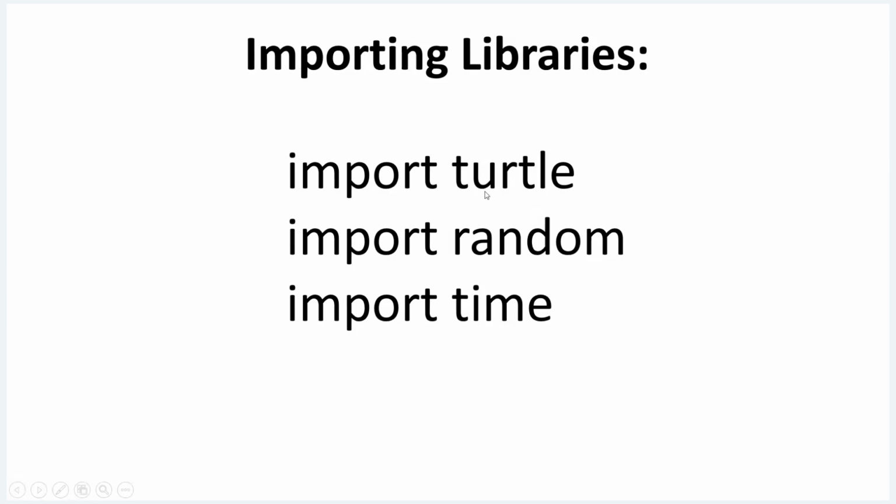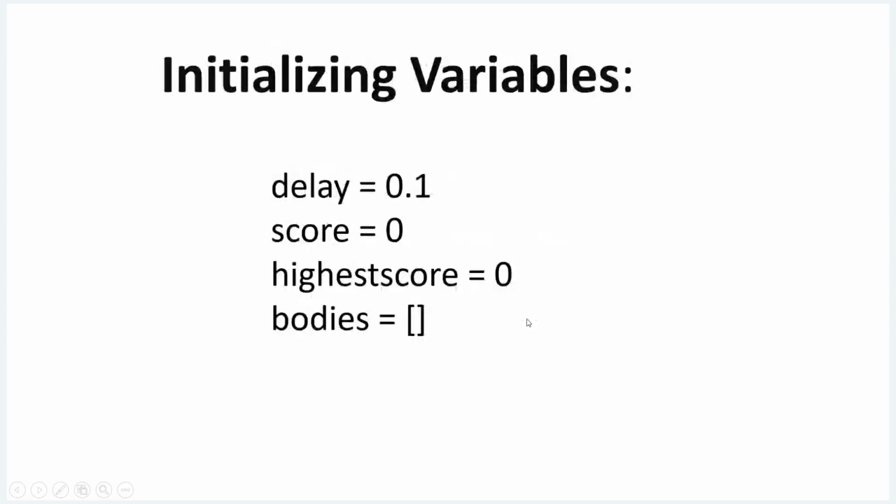Turtle gives us some presentations, or some graphical user interfaces, and we can give some motions. Random means a random kind of sequence we can generate by this. And time is to make it slow or fast. So we are importing three modules.